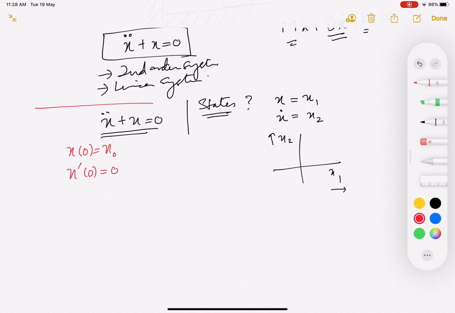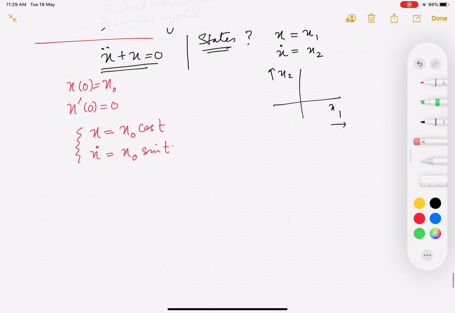The solution would be x is equal to x0 cos t and x dot is equal to x0 sin t, right? Now this is the solution to the differential equation, in the sense that we are getting the evolution of the states from the differential equation.